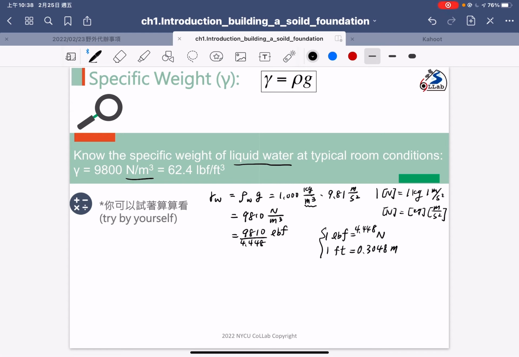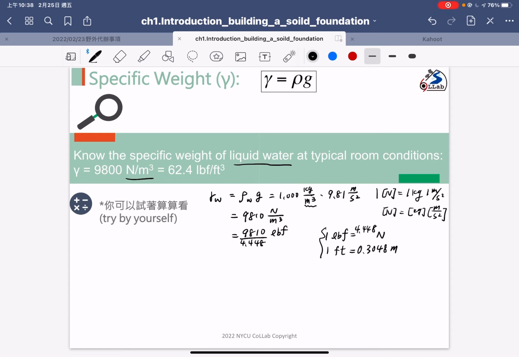Also, we need to convert the cubic meter to the cubic ft. So here we should multiply by 0.3048 to the cubic power, right?